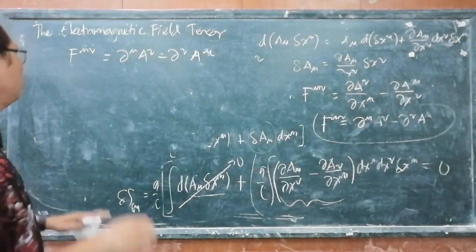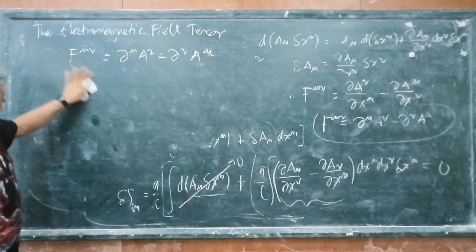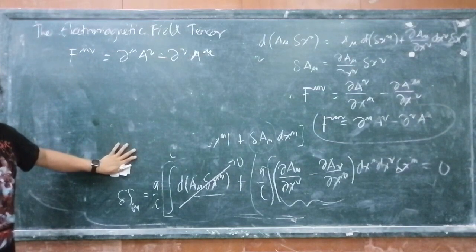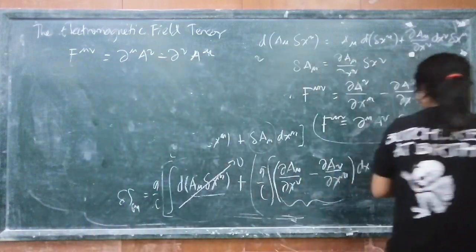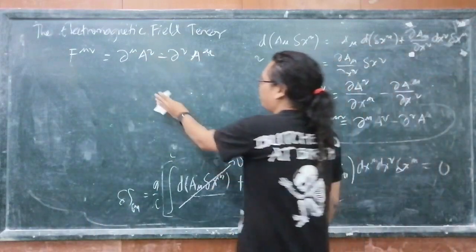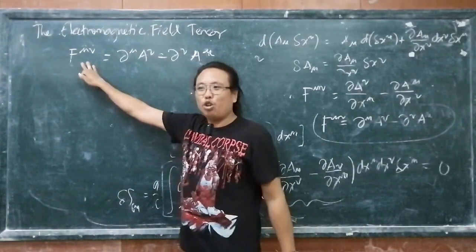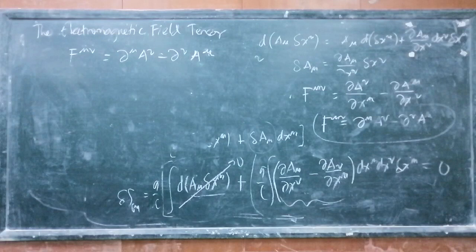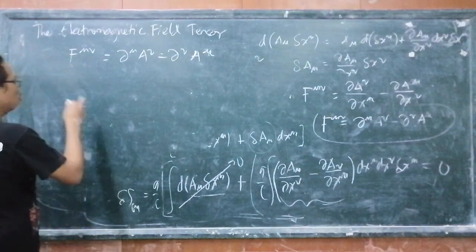You can write this in whatever form you want. In fact, you can write this in mixed form, or in purely covariant form. You just have to keep track of how you transform this into the covariant form. For example, what is F_{μν}?